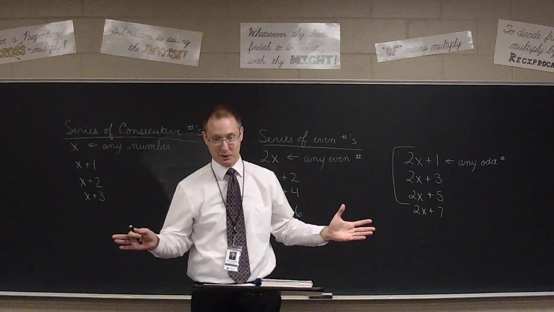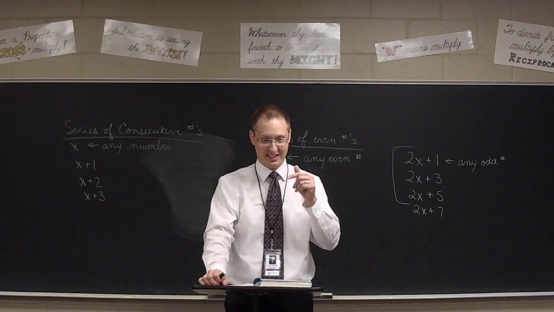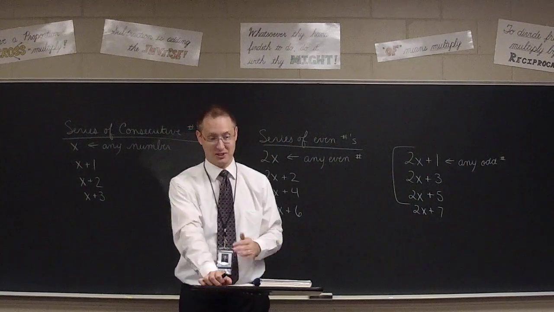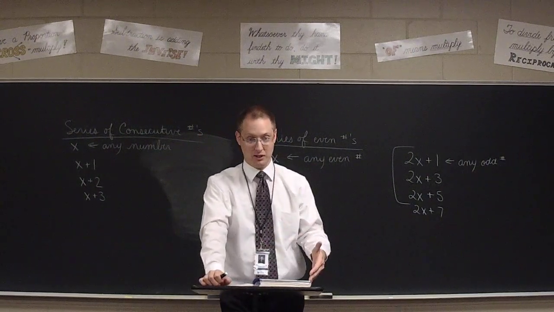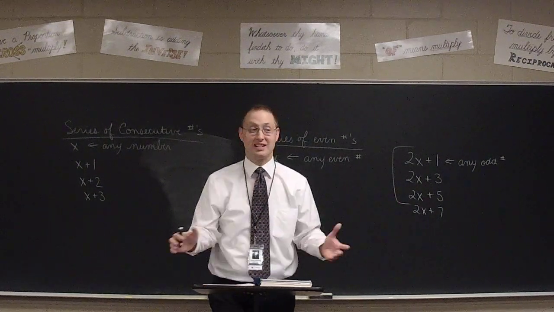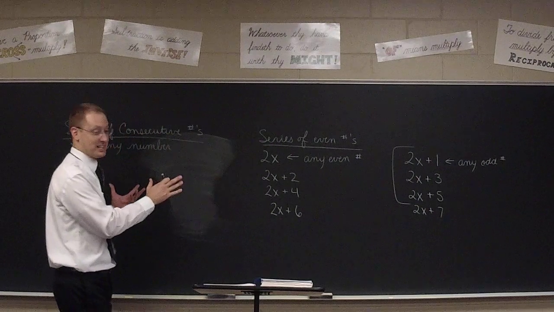But if I just want any number, x, then x plus 1, x plus 2. If I want any even number, 2x. If I want the next even number, then 2x plus 2. Does that make sense? How to represent series of consecutive numbers.